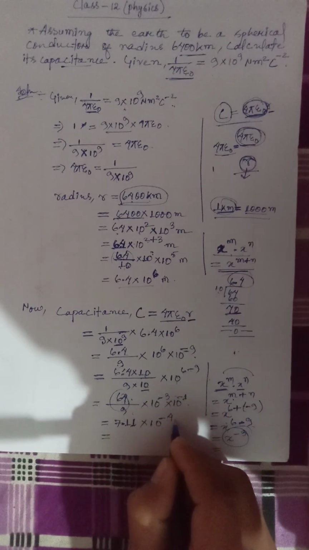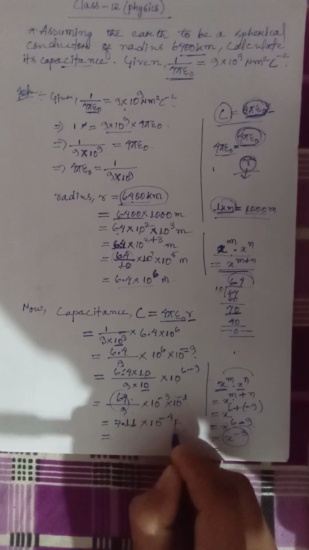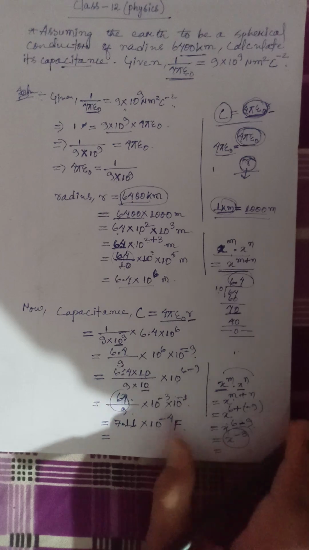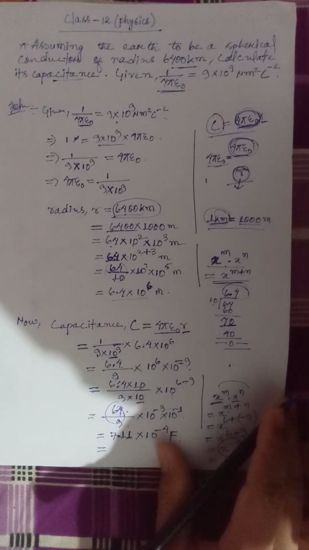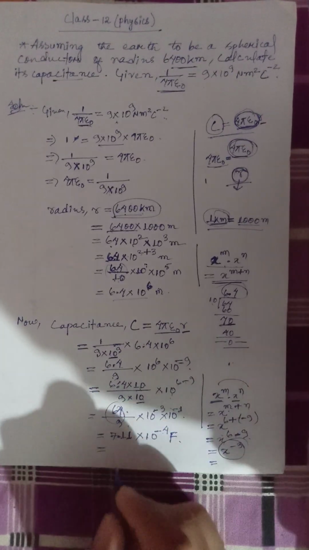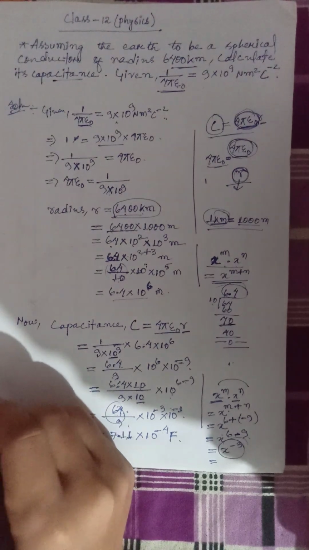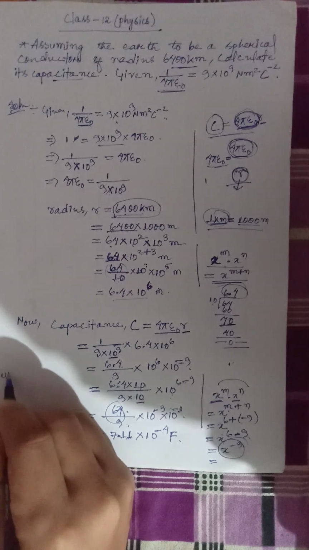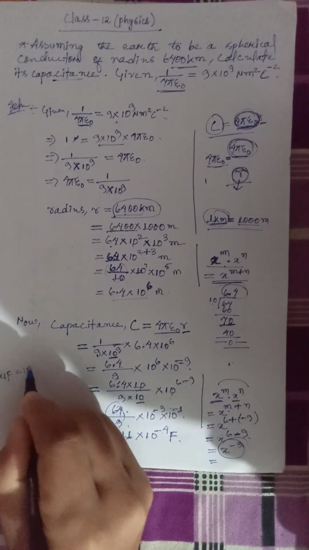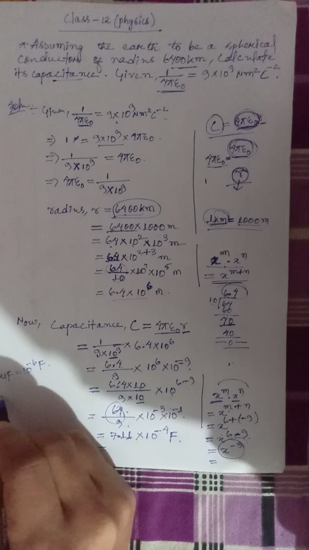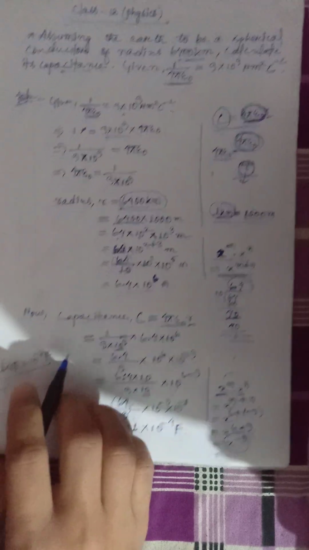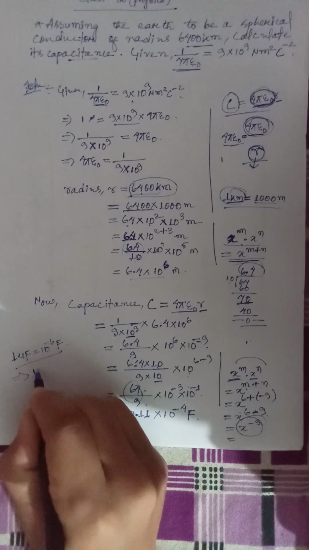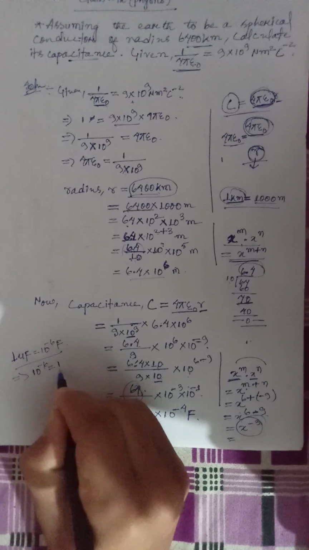Now, actually it is in the form of farad, which is the SI unit of capacitance. And this farad, we have to change into microfarad. In order to change it into microfarad, we have some rules of conversion. That is, 1 microfarad is equal to 10 to the power minus 6 farad, right? So if you want to convert farad into microfarad, how should you do it?